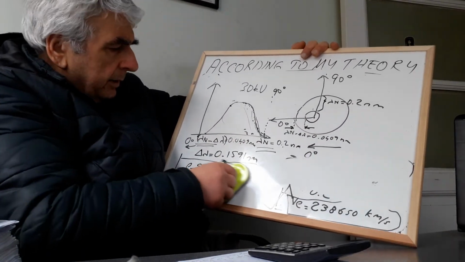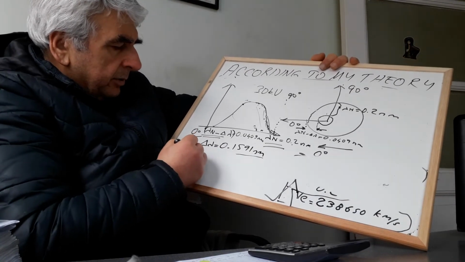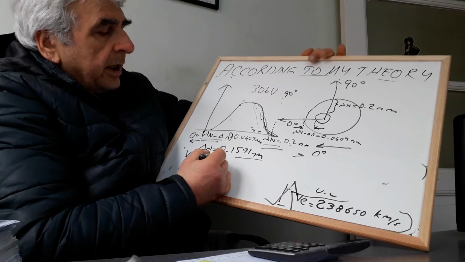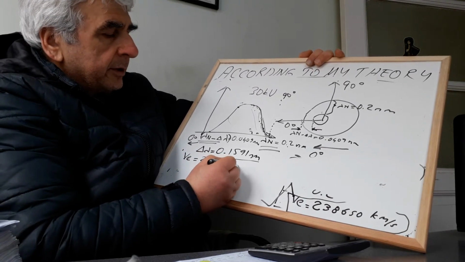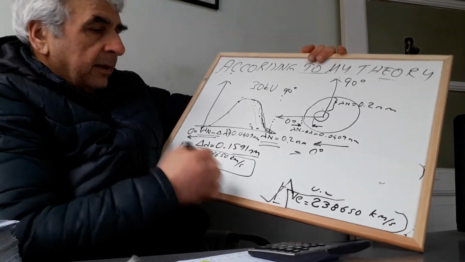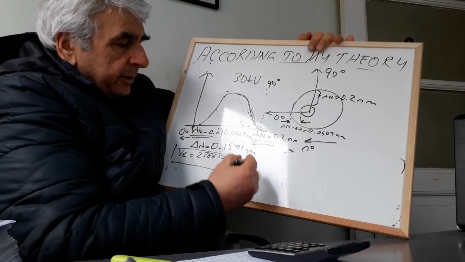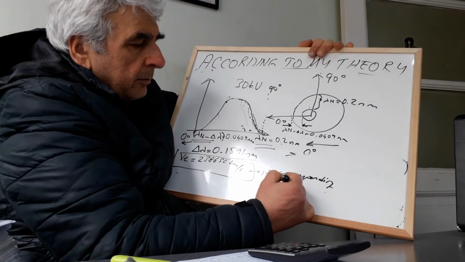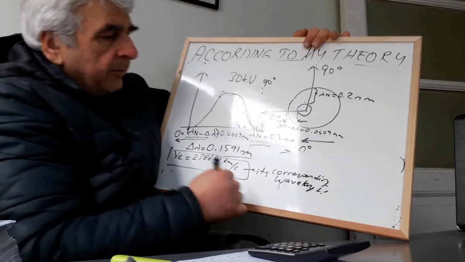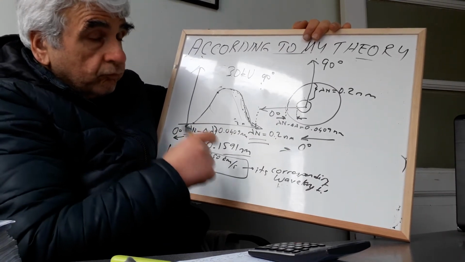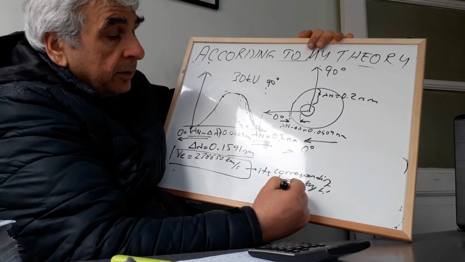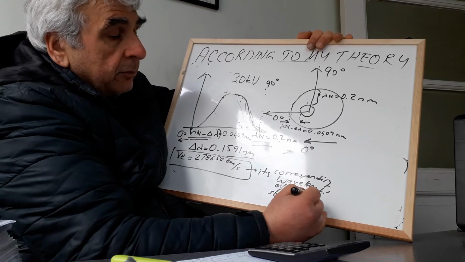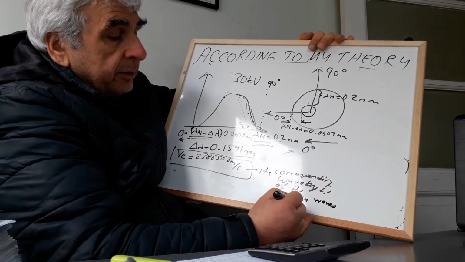We find the electron velocity equal to 238,650 kilometers per second, and its corresponding wavelength in the direction of the wavelength of its successive waves at 0 degree direction.